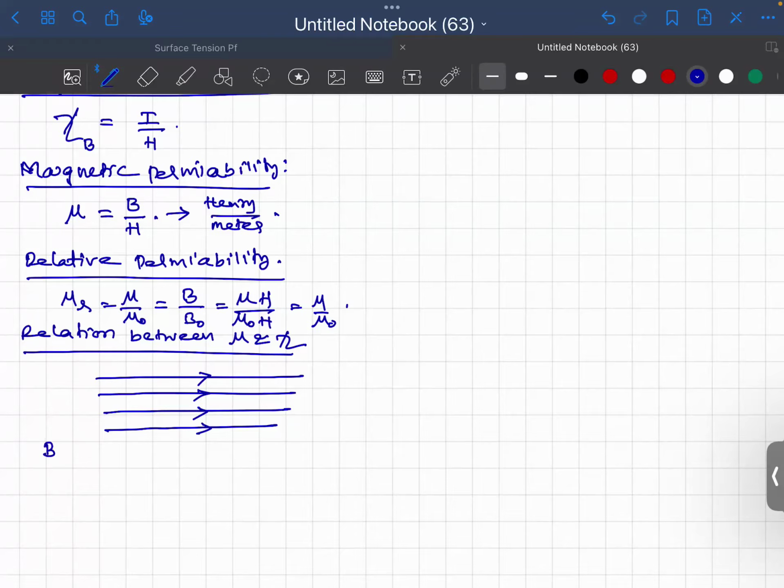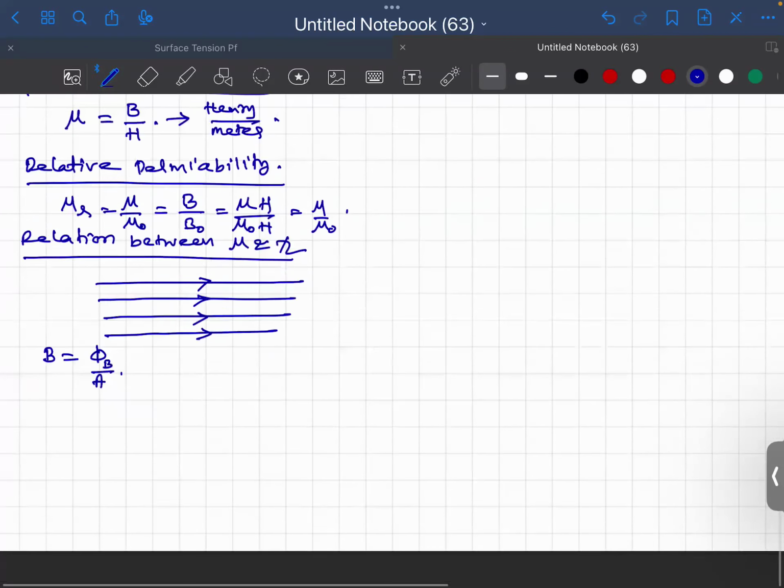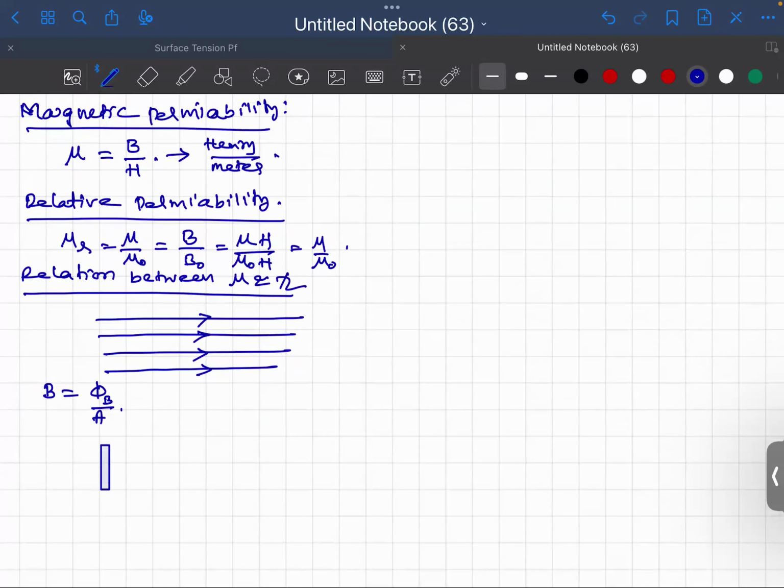When I am writing B, I am writing it simply like this. That is the definition of B: number of magnetic field lines per unit area. Now what happens in this region if I place a good magnetic material?